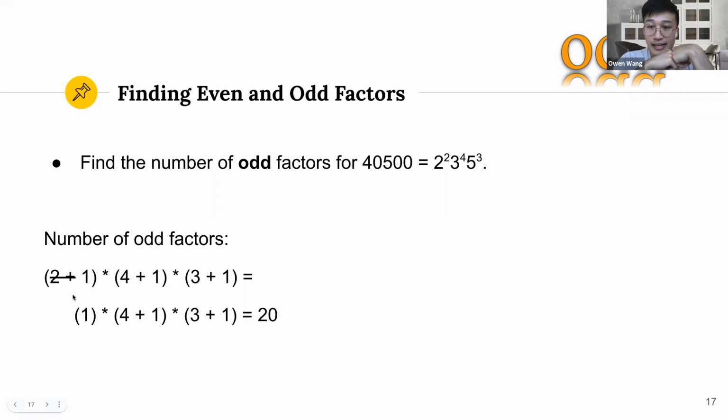So that's why we're adding inside the parentheses. We're counting the total number of vertical tiles right under that prime factor. That's why we're doing 2 plus 1, 4 plus 1, 3 plus 1. Because there's 2 to the 1, 2 to the 2, plus 1 for the 2 to the 0. And there's 3 to the 1, 3 to the 2, 3 to the 3, 3 to the 4, plus 1, there's 3 to the 0. That's why we're adding.